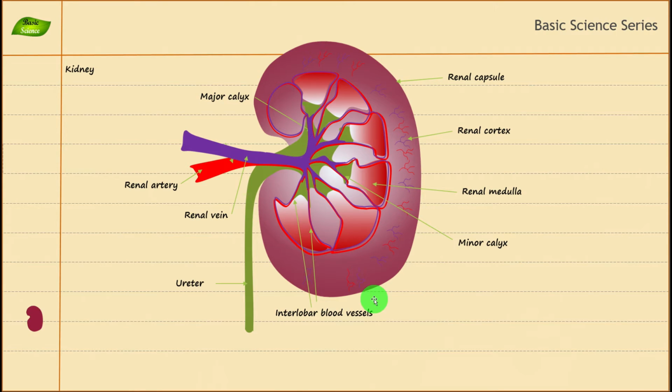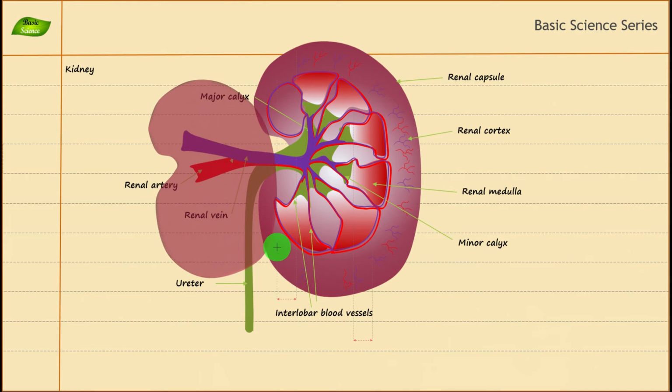So you have this division getting again distributed to smaller levels. All right, so you have all the components, and then this is the outermost covering.